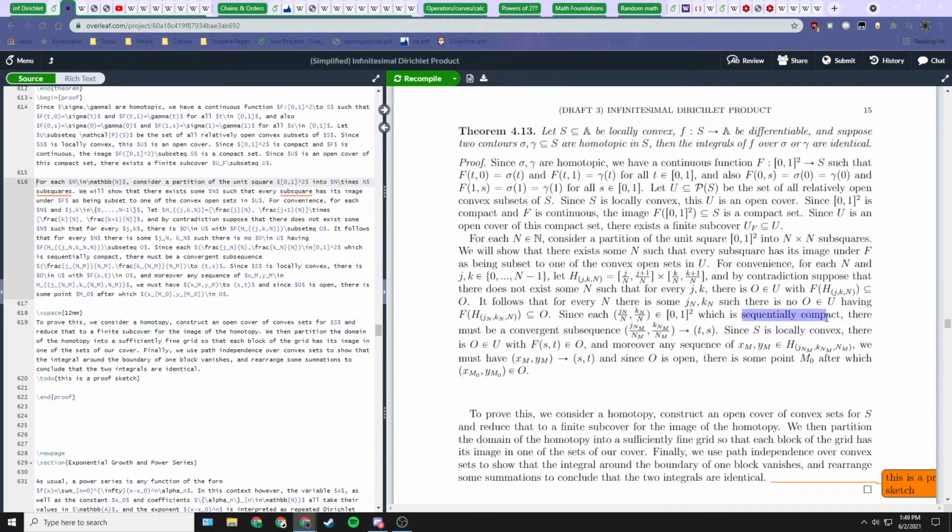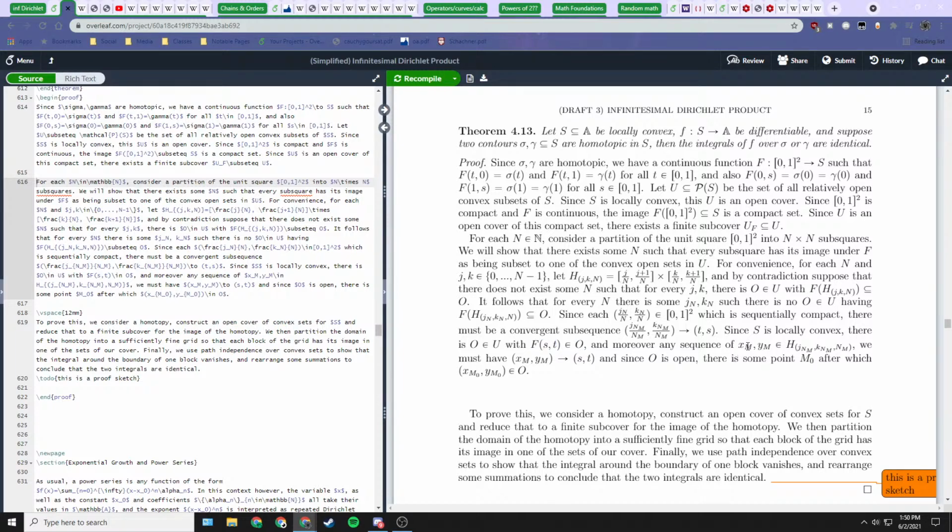This is sequentially compact, so there's a convergent subsequence. Since S is locally convex, there is an open set, a convex open set O in U, in which this f of (s, t) lies. So this limit point, this f of (s, t), is in S. S is locally convex, so we just find this convex neighborhood for this point in capital S.